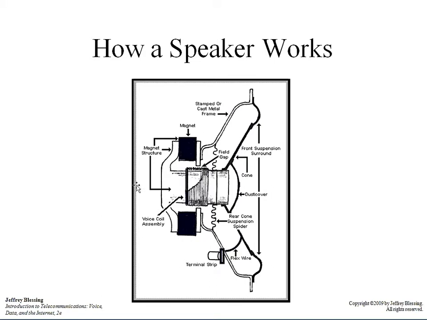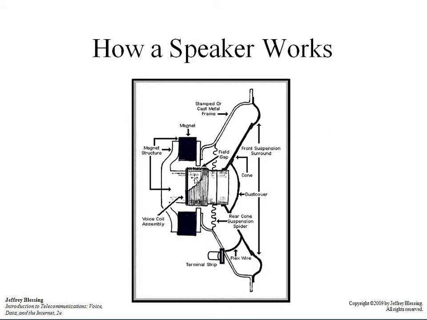leads up to this coil, and when we energize this coil, you know from the left-hand rule, when there's energy in a wire, there's also a magnetic field that surrounds it, given by the left-hand rule. So when we turn the speaker on, and there's energy, electrical current, in this wire wrap, we have an electromagnet.